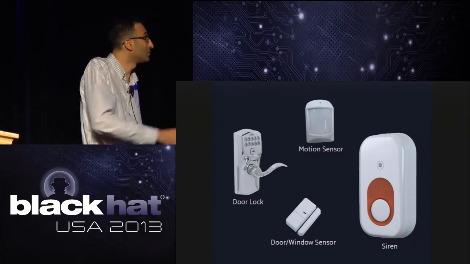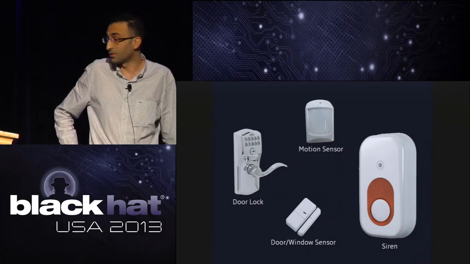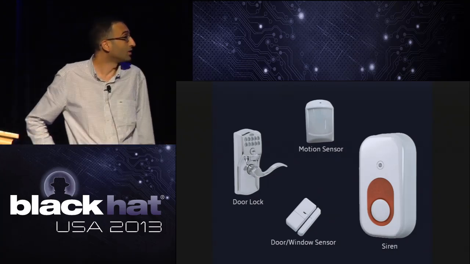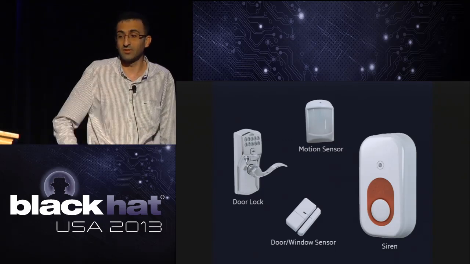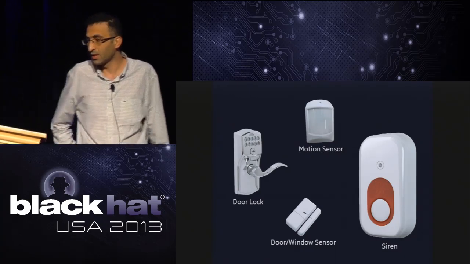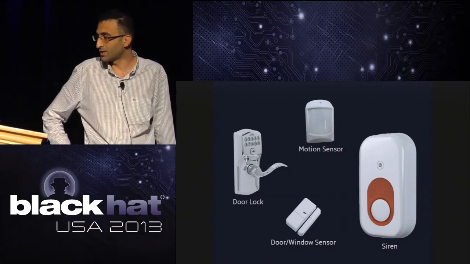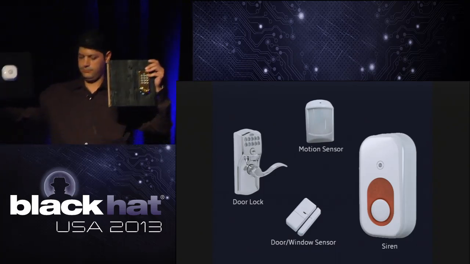For instance, you can pair a motion sensor with a siren in order to activate the siren automatically in the event of any movements. So we have two of these devices here, one secure AES encrypted Z-Wave door lock and another motion sensor.